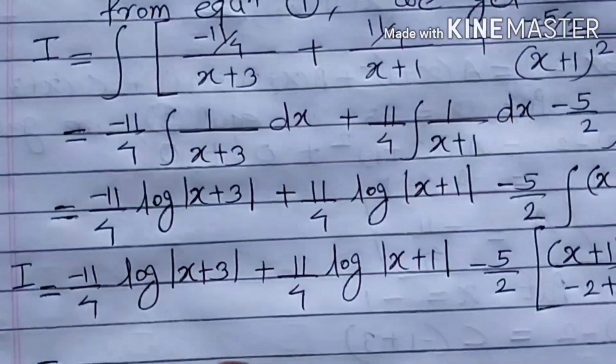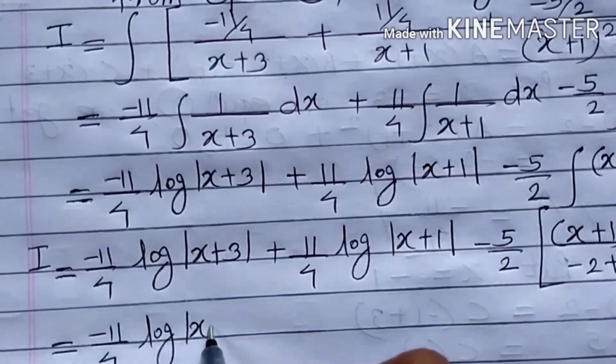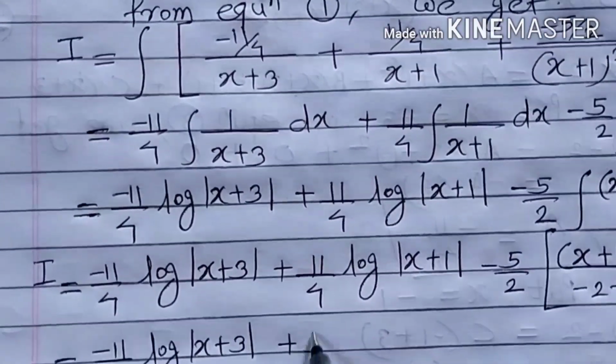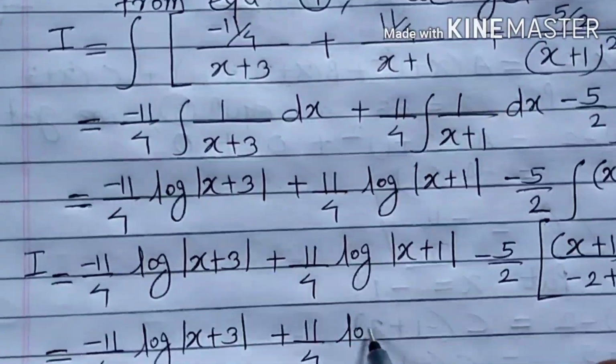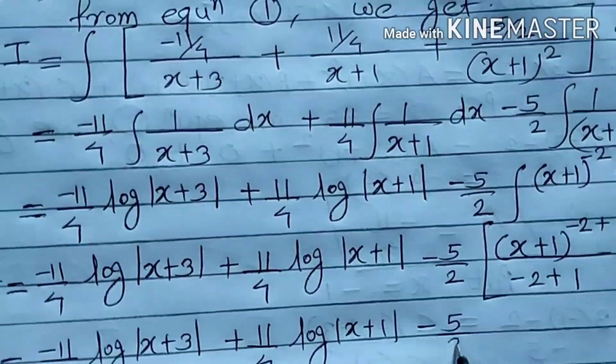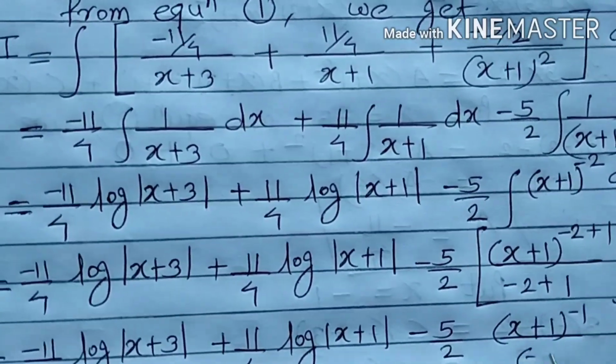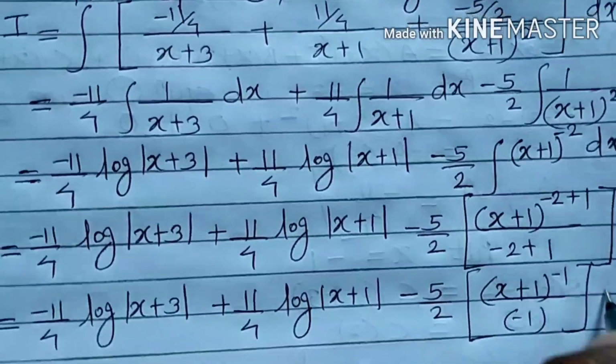Now next step: minus 11 by 4 log x plus 3 plus 11 by 4 log x plus 1 minus 5 by 2 into x plus 1 raised to minus 1 upon minus 1, plus c.